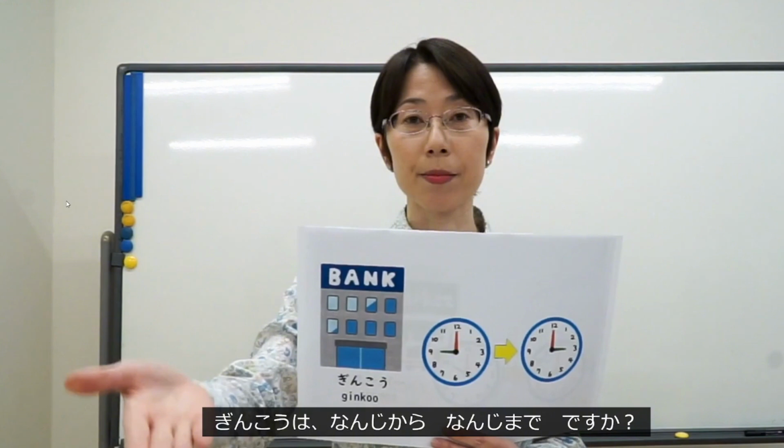You could also use the verb for when they're open, and then this nanji kara nanji made format would also make sense. But for now, the implication is that we are just describing when they're open. Okay, I figured this was an implication thing, but I figured it was worth asking.